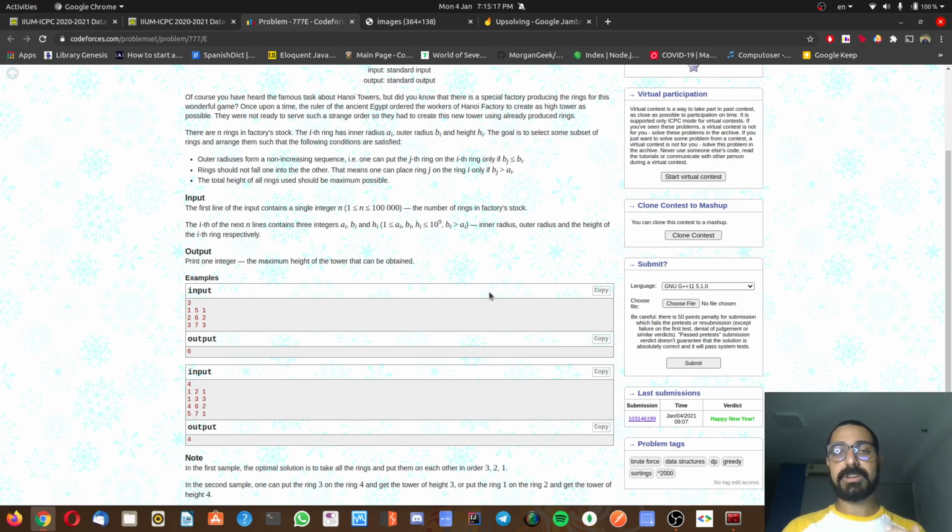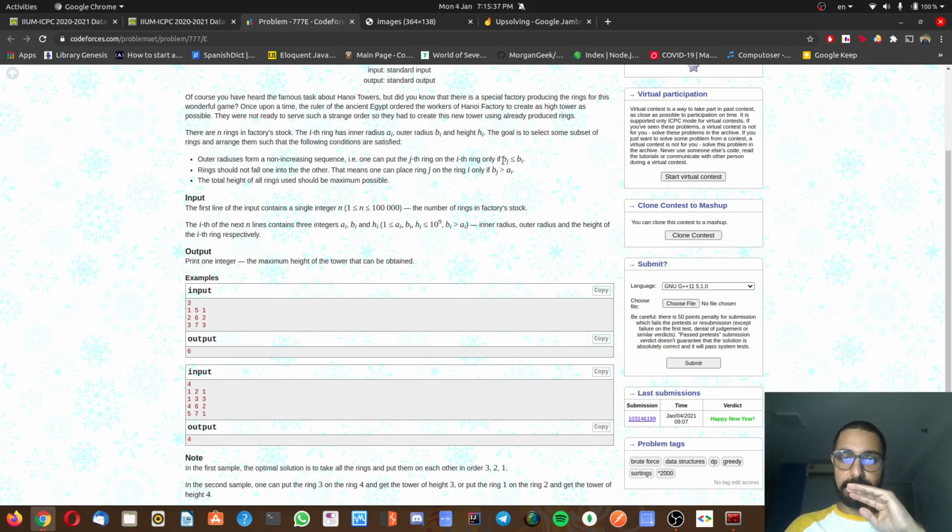The first condition is, if you're going to place ring or object A on top of object B, the outer radius of the ring on the top should be smaller than or equal to the outer radius of the one below.